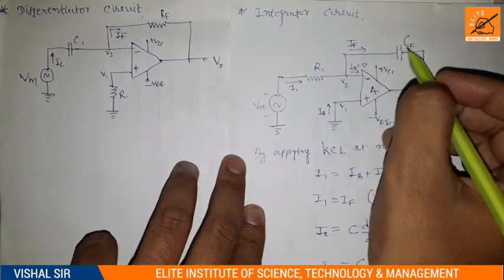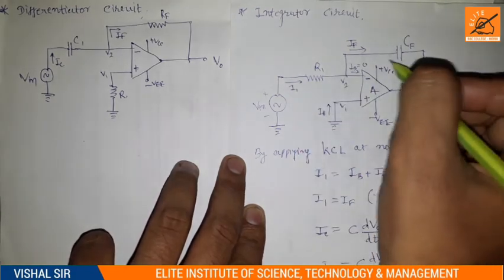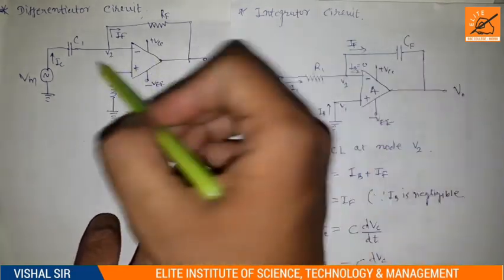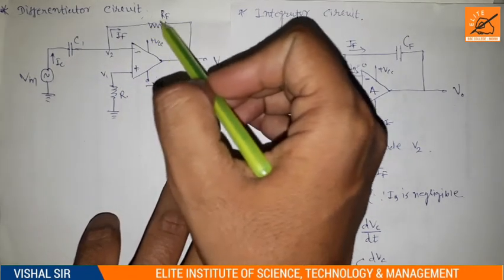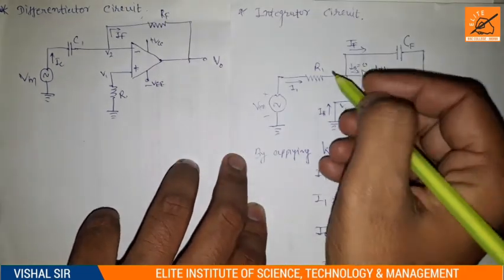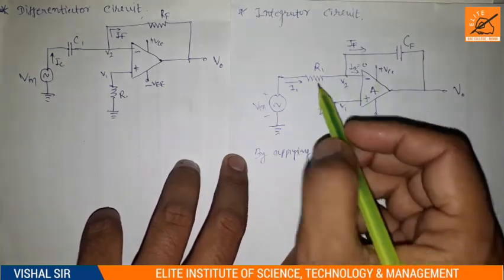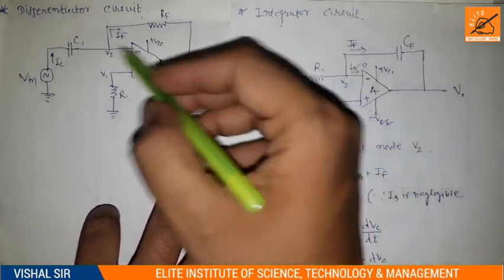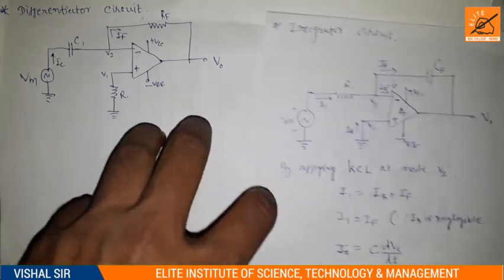The capacitor is connected here and this resistor is connected in feedback. So the capacitor will become C1 and the resistor will become the feedback resistance RF. So we can compare these two circuits. Just by interchanging these two components we can get the differentiator circuit.